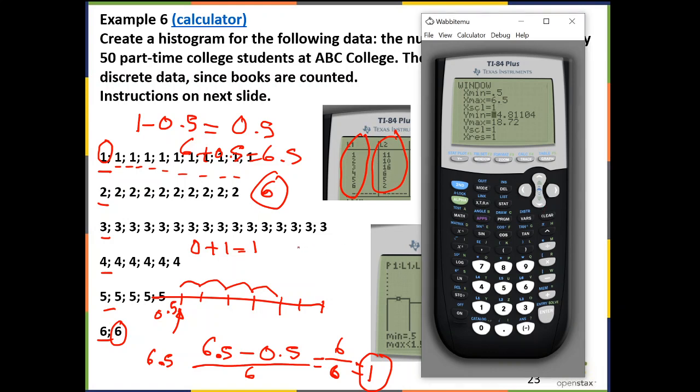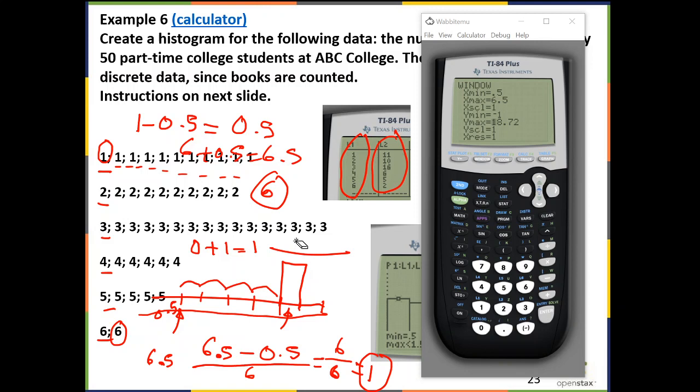Now, y has to do with the bottom and the top of the bars. Usually the bottom we want it to be 0, but I put a negative number, maybe -1, just to make sure we see the bottom of the bars, right? So the bars are going to be here, so we want to see the bottom. So I just go below it, like maybe 0.5, right here.